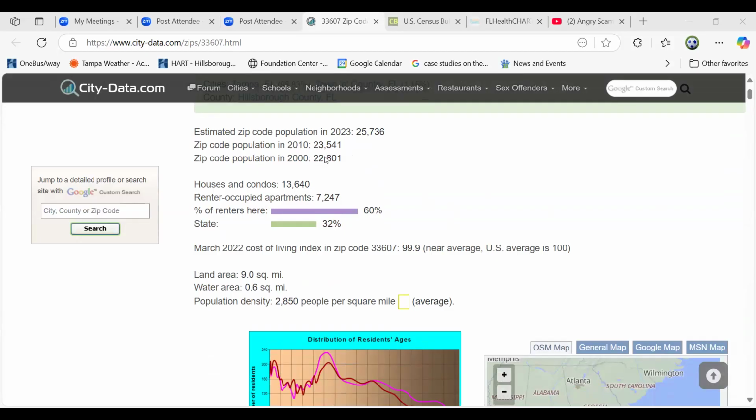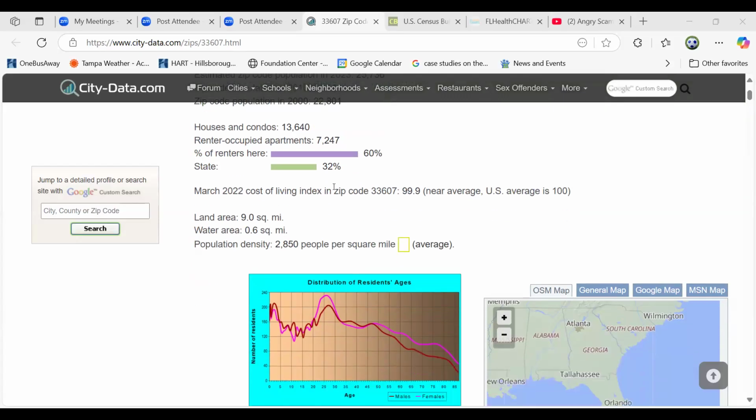This goes up to 2010. Sometimes that's going to be the most recent information that we can get. Now, if we go to census.gov, we can get the most recent information for 2023 at least.